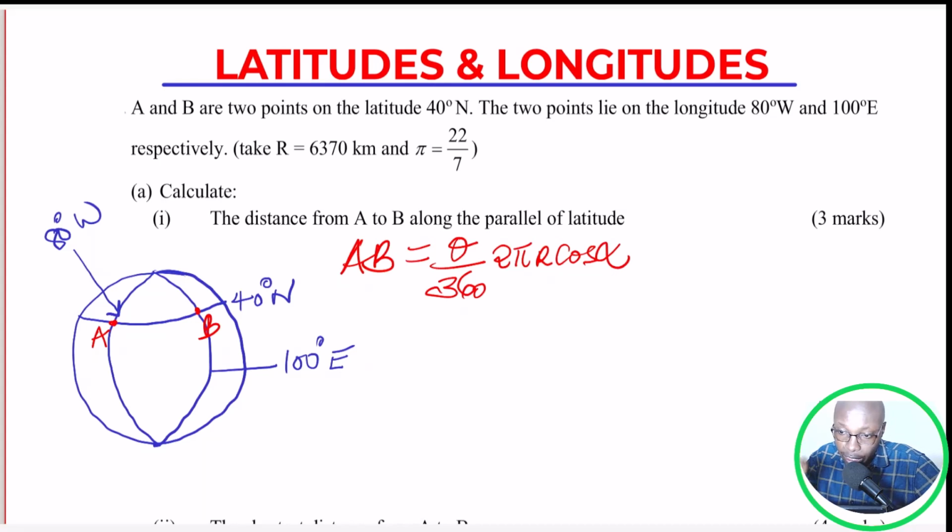Now in this case, you should note that theta will give the longitude difference, whereas alpha will give the latitude angle.